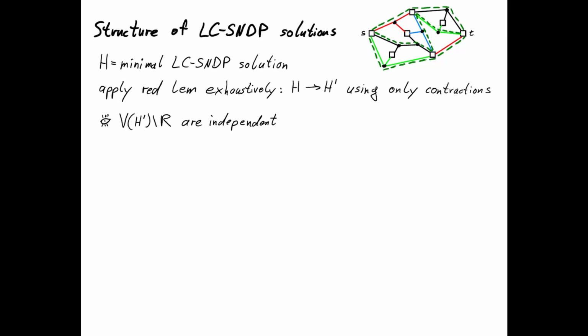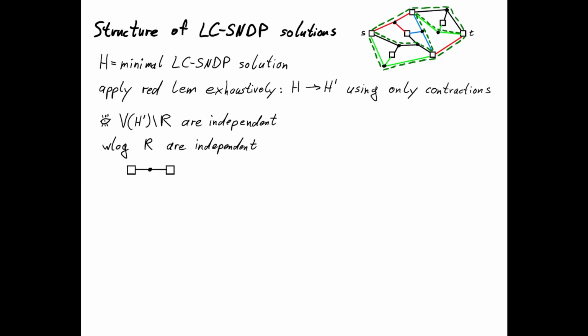And because I applied this reduction lemma exhaustively, it means that the non-terminals form an independent set, because I can take any edge between non-terminals and contract it, and that would be an application of the lemma. So no such edges are left. Okay, what about the terminals?